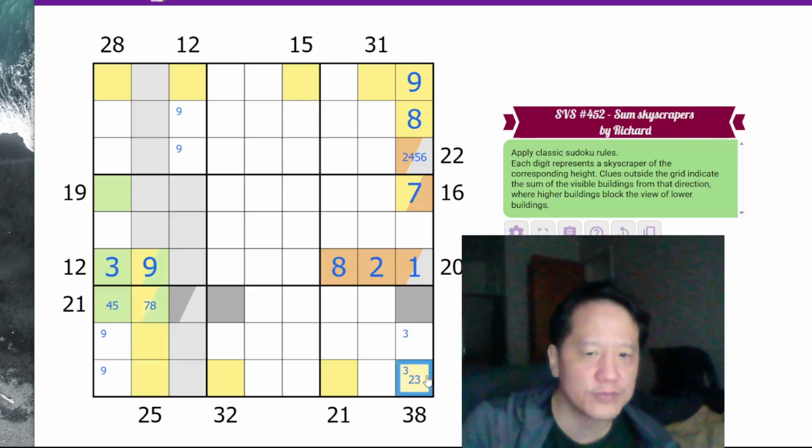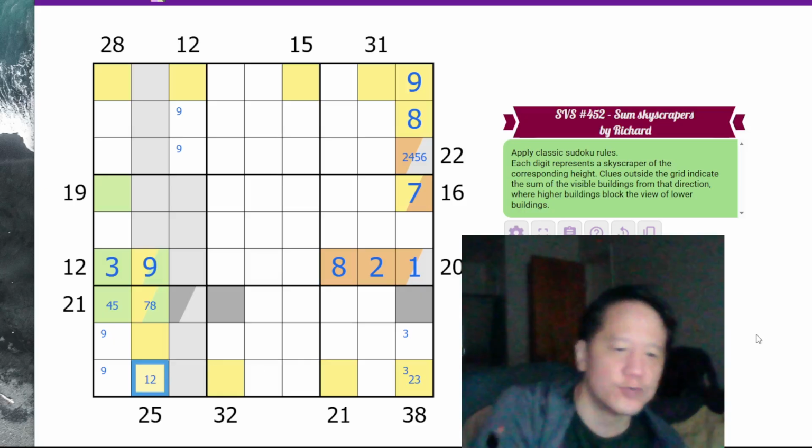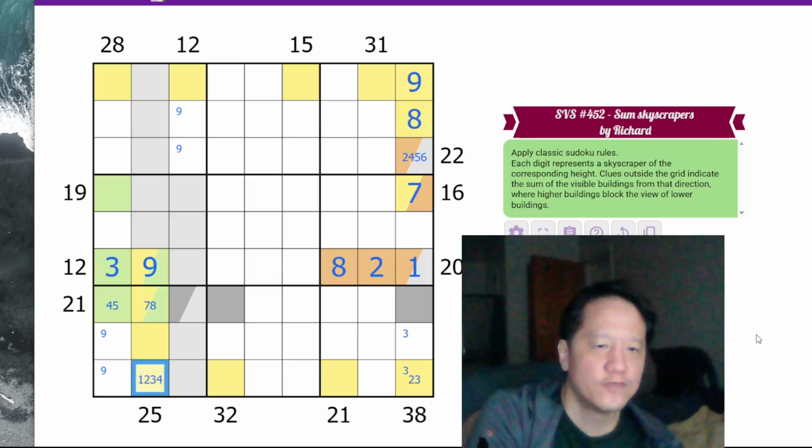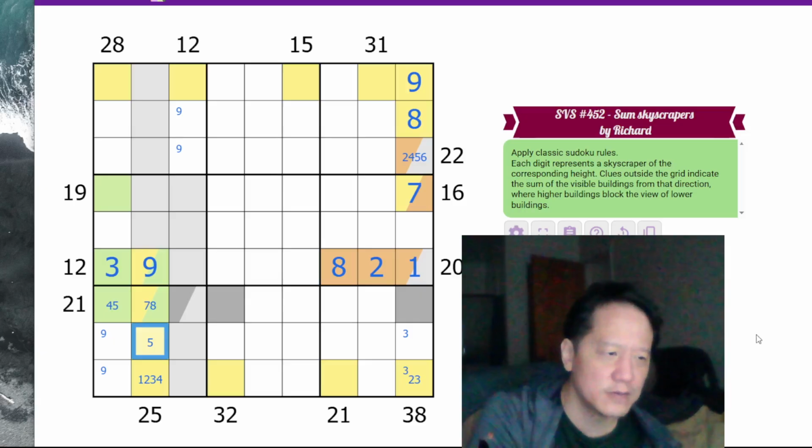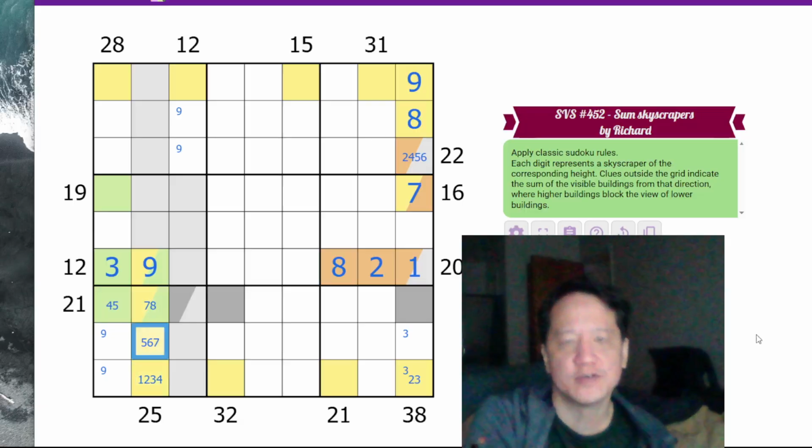Well, we don't know if 3's there guaranteed anymore. What are the possible ones, though? You could have 4. So this is 1 through 4 here. 4, 5, and 7 add up to 16. 3, 5, 8, or 4, 3, 6, 7 adds up to 16. And it could be 1, 7, 8.